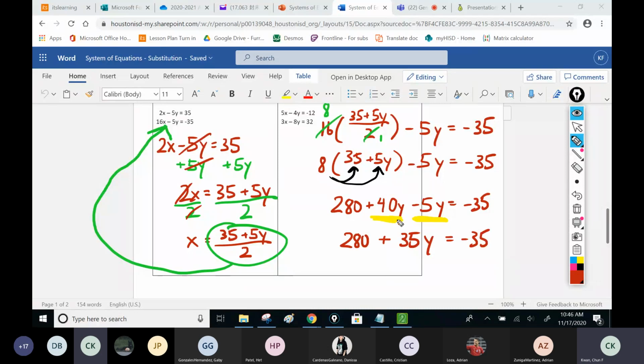When I see a lot of you working, a lot of people tend to forget about combining like terms. If you see y right here and another y right here, right away you should just combine the like terms. Don't even think too much about it.